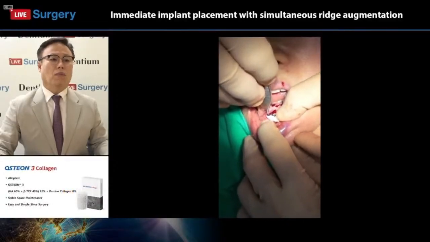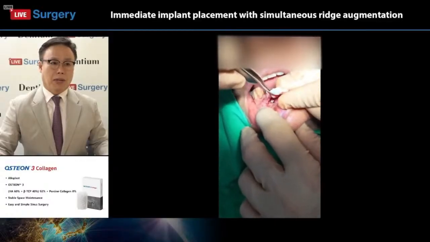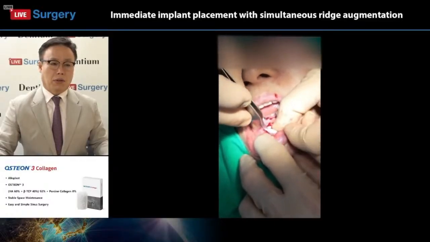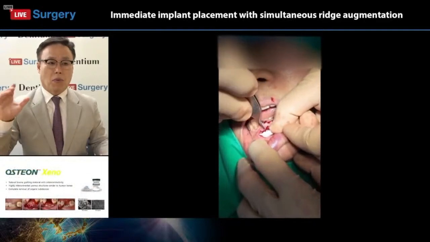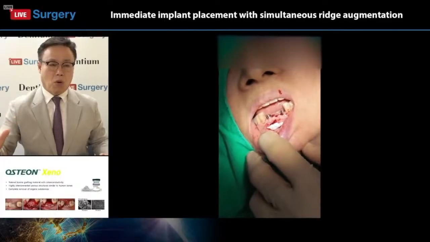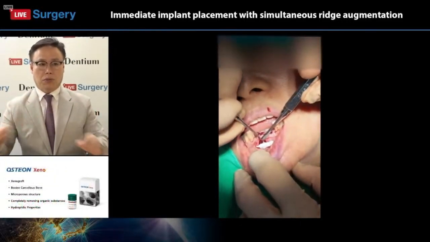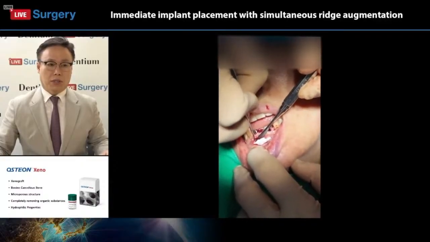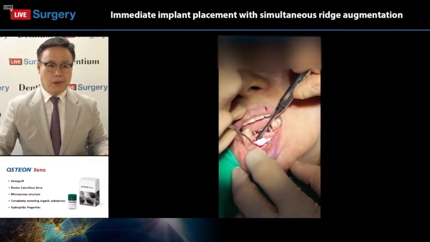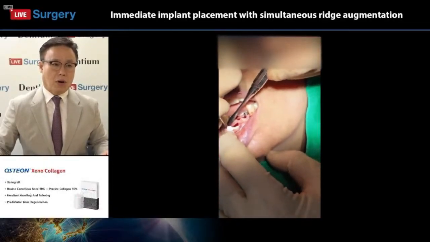The reason why we apply the barrier membrane first is always the same. After grafting bone, we have to minimize the time until the suture procedure. One of the reasons is to minimize contamination of the bone graft.